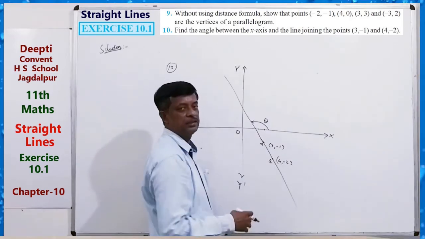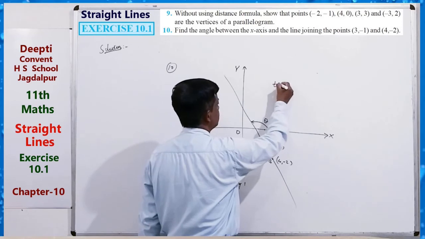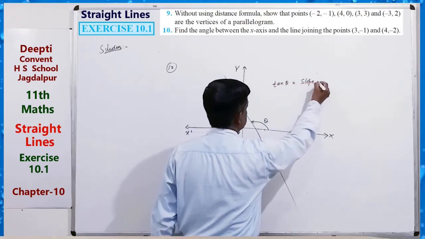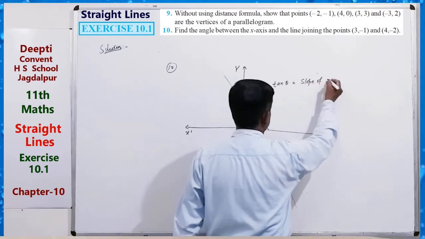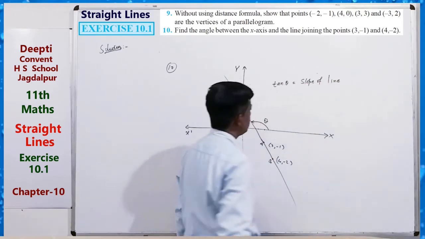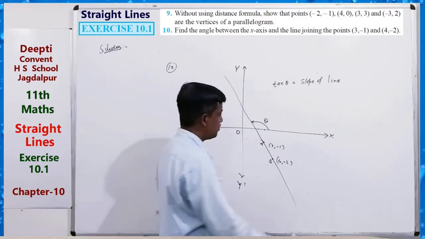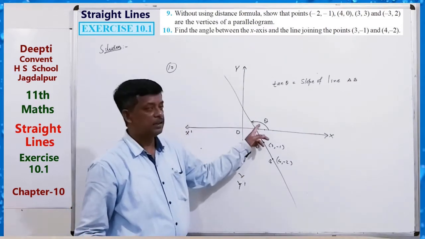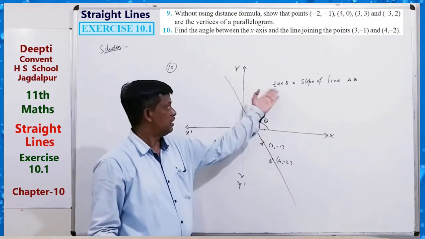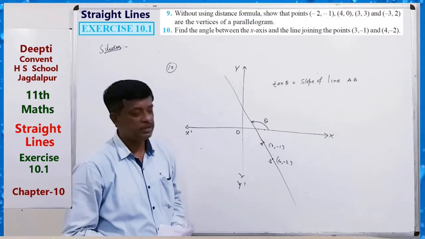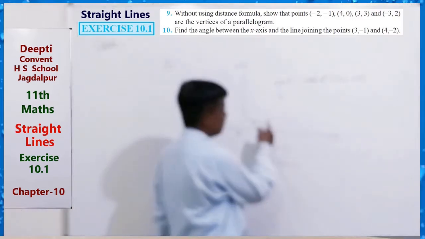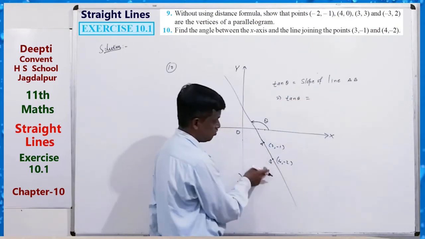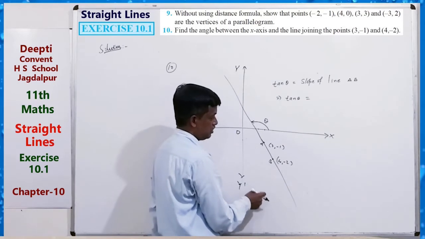Tan theta equals the slope of line AB, because if a line makes angle theta with the x-axis, then tan theta equals its slope. So we have to find theta. Joining these 2 points, we can find the slope of AB.